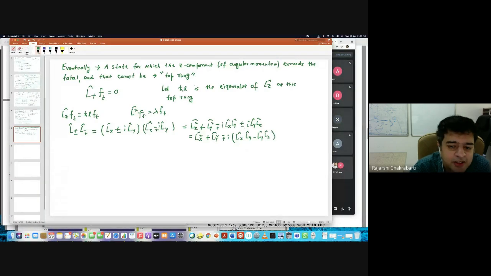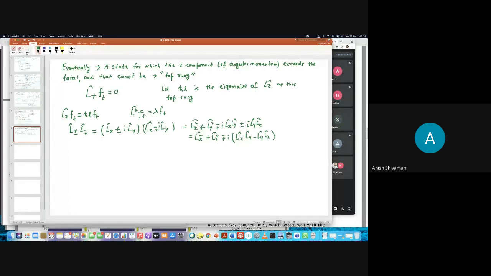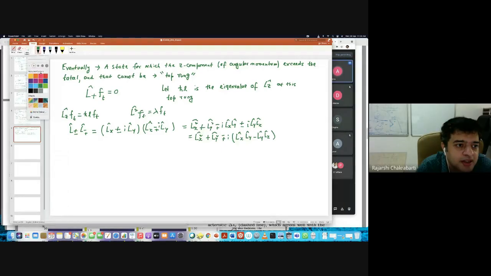This is going to change the sign, plus minus. And what is that? iħ Lz. This is a commutator, and I have done this earlier. This is the commutator of Lx and Ly, and this is iħ Lz. So I am going to use that here.